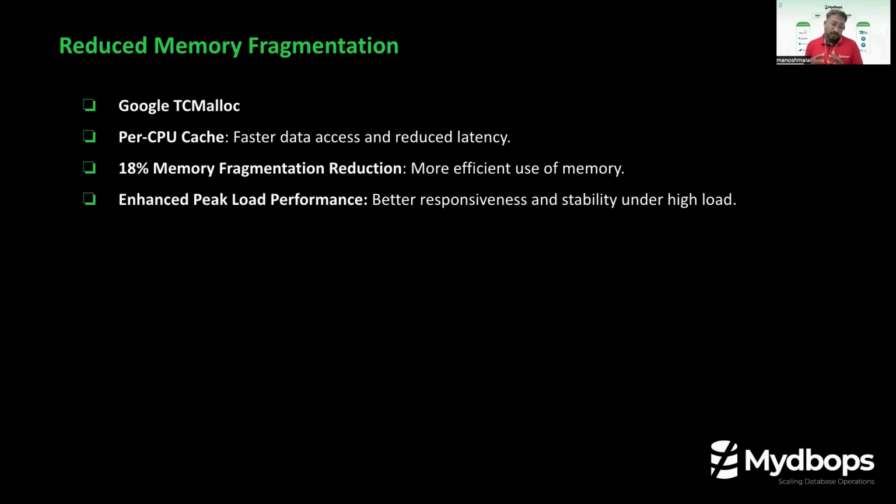We all know Mongo uses Google TCMalloc by default. With this improvement, they are claiming that memory fragmentation will be reduced by 80%. We can see that my system is using 2 GB of RAM, and 360 MB is a good number.